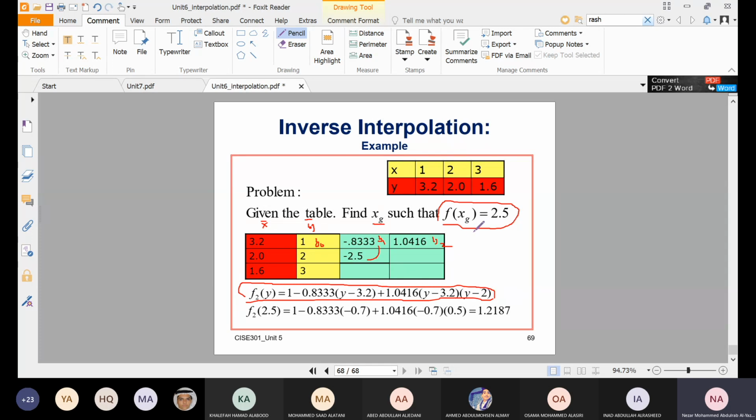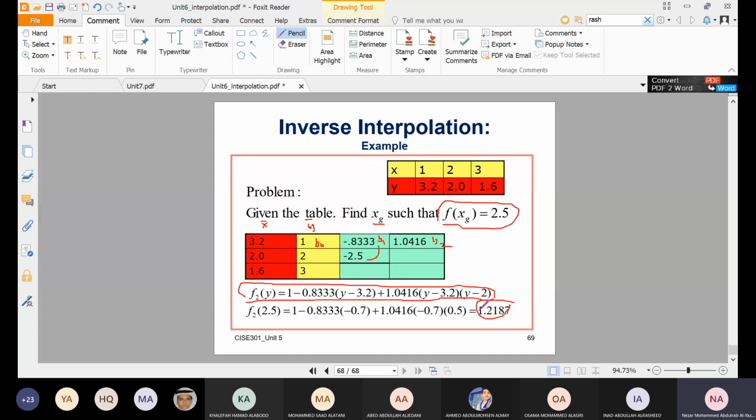Like this, I just substitute now instead of y the value 2.5. So we get the value of x equal to 1.2187. Okay, so this is the value of x.